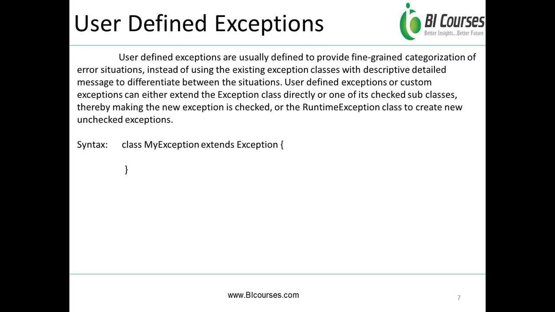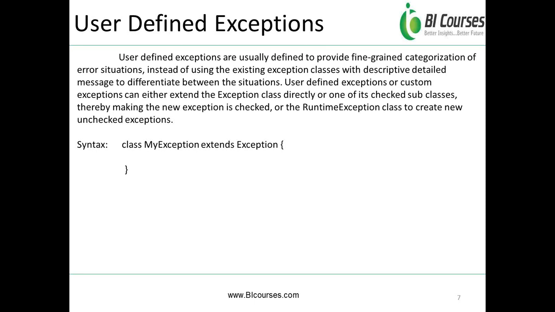Suppose I'm developing an application, and in that application the user enters invalid data, and I want to handle that particular exception. Instead of throwing a regular exception class, I can create my own class which can have a detailed message: the user entered this information and it should not be like this.